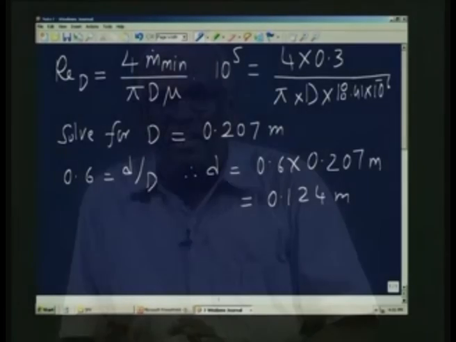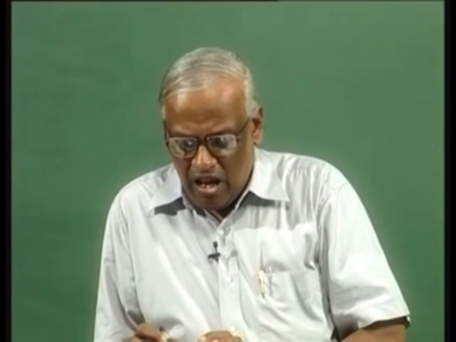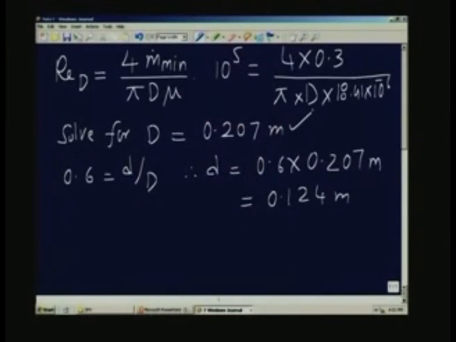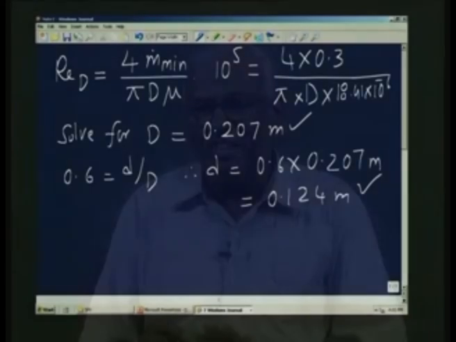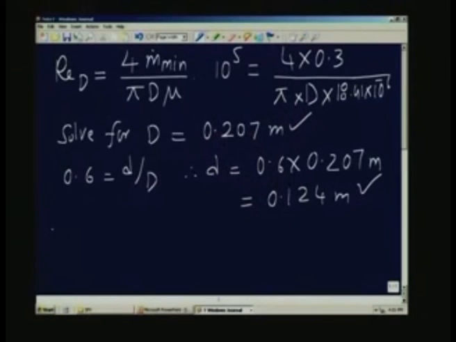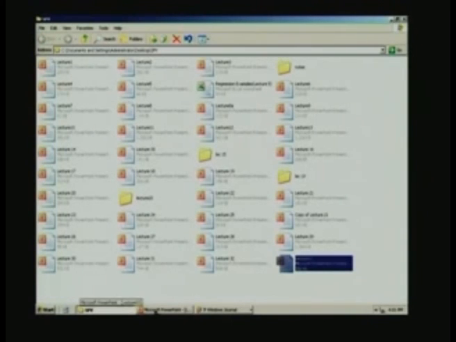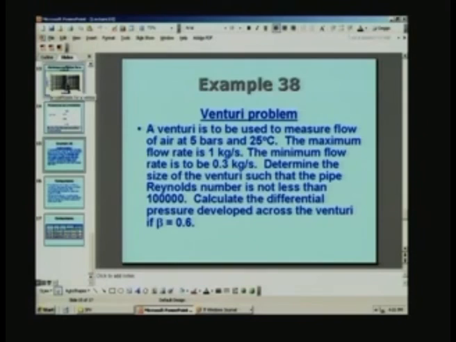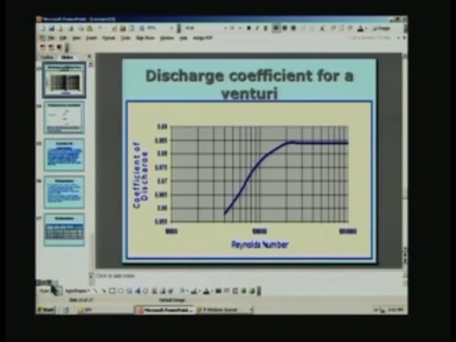So the venturi meter has got an inner diameter at entry of 0.207 meters. The smallest cross section has a value of 0.124 meters. In fact, now I can calculate what is the delta P which is going to develop. For that, we know that Reynolds number is equal to 10 to the power of 5 for the minimum value. The corresponding C value I can take from the graph which I showed earlier.